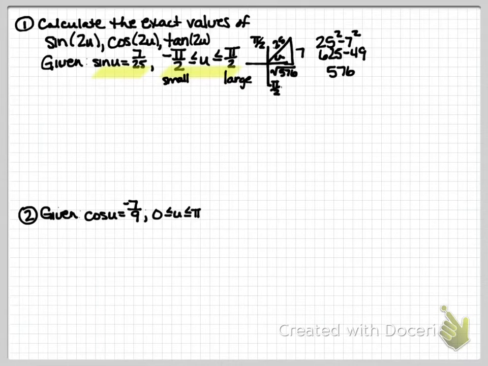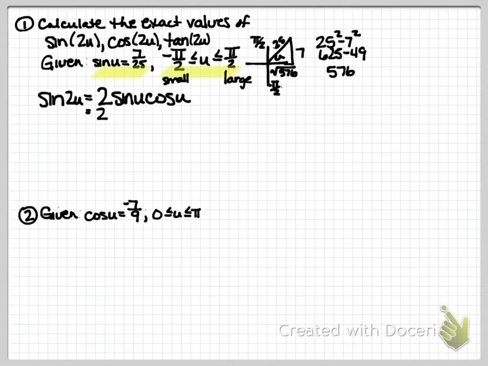So now that we have all three sides of our triangle, we can find our double angles using our double angle formulas. So let's do the sine of 2u. The formula for the sine of 2u, remember, was 2 times the sine of the angle times the cosine of the angle. Now just apply our ratios.